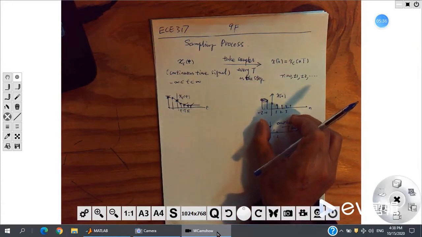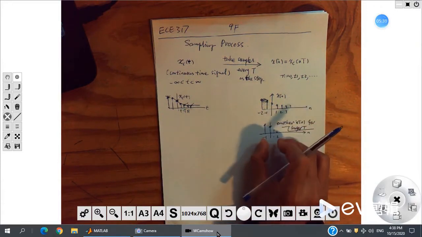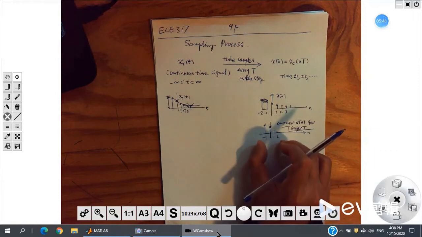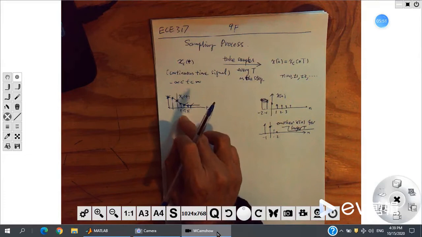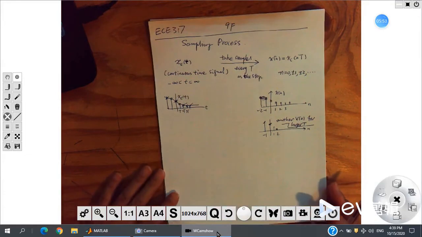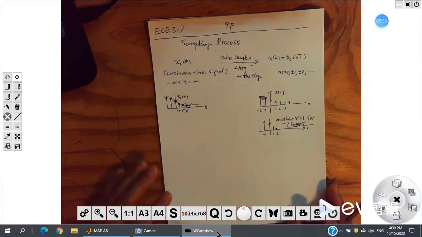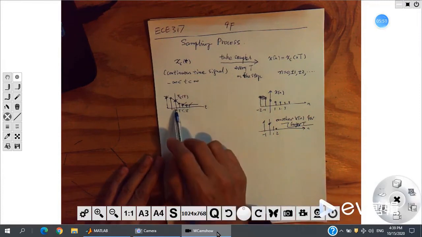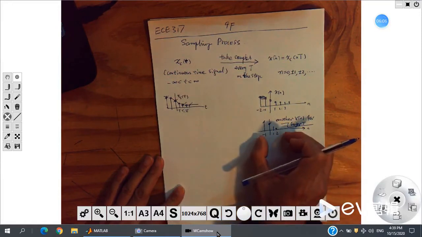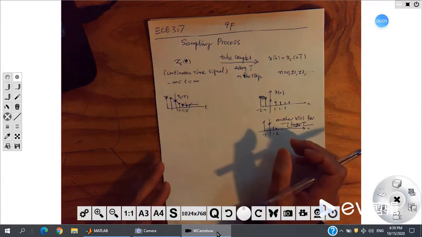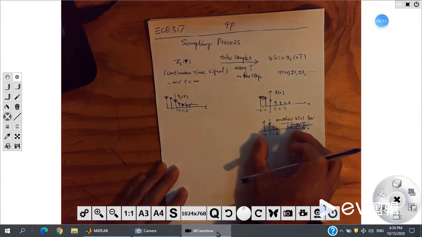If you have fewer samples, you do not need a lot of space to save the data, but you lose more information from the original signal. So the thing is that you have to find the balance. The balance is that you lose some information, but you think it's fine, and on the other side you have enough information, and it won't cost you too much space to save this data.